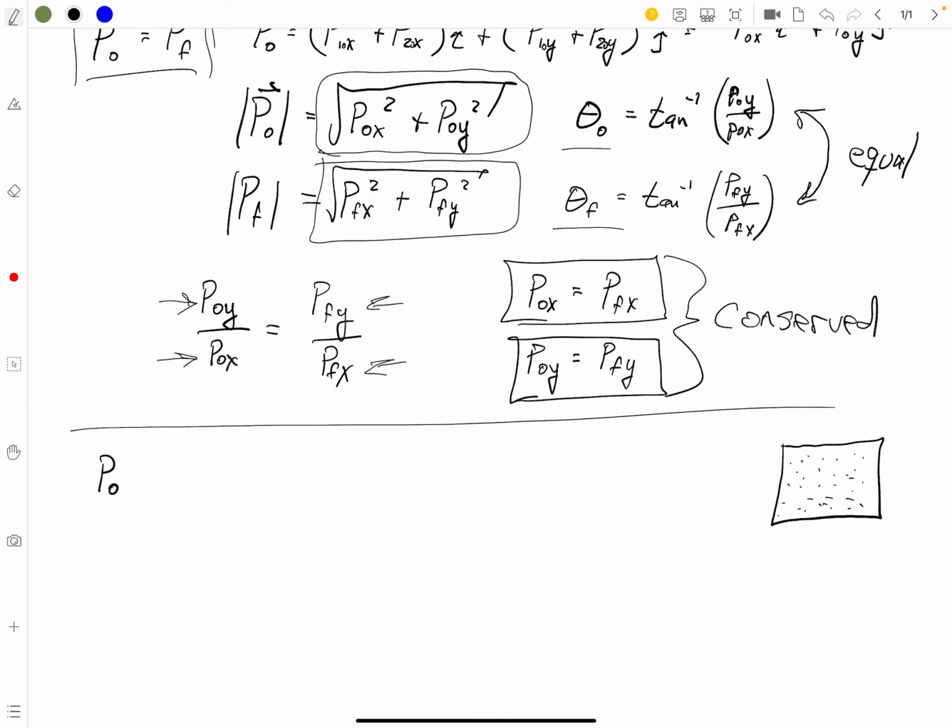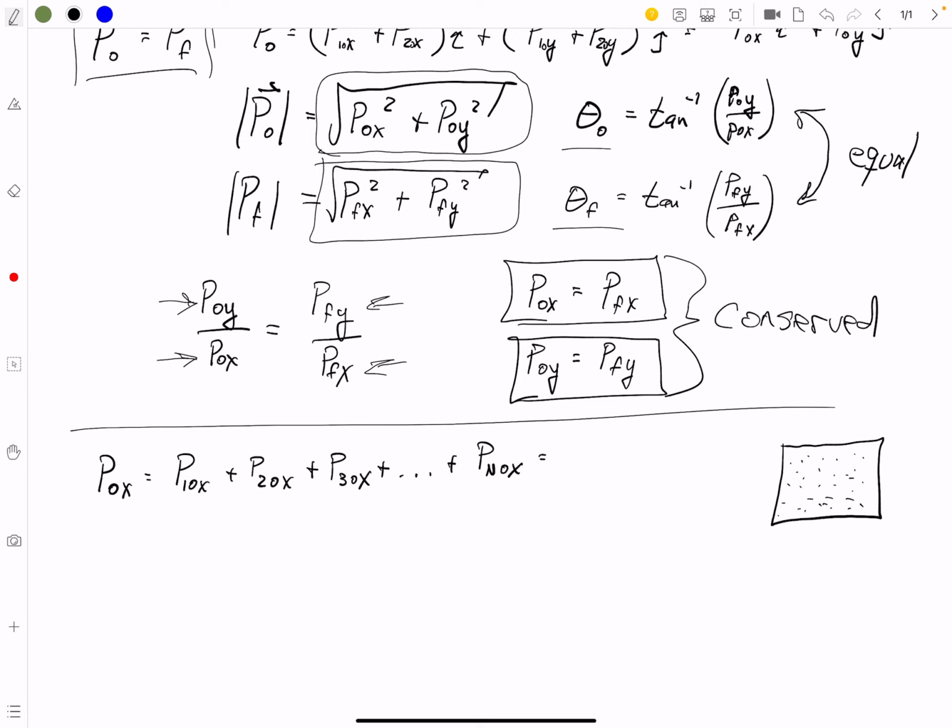P naught x is equal to P1 naught x plus P2 naught x plus P3 naught x plus ... all the way to Pn naught x.